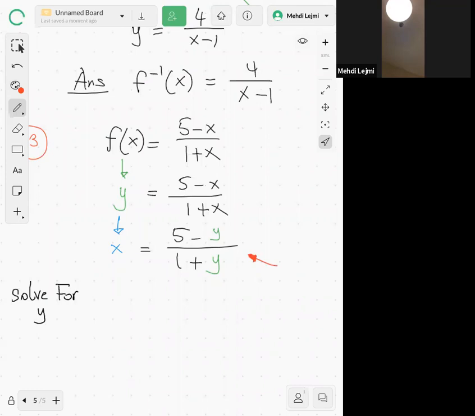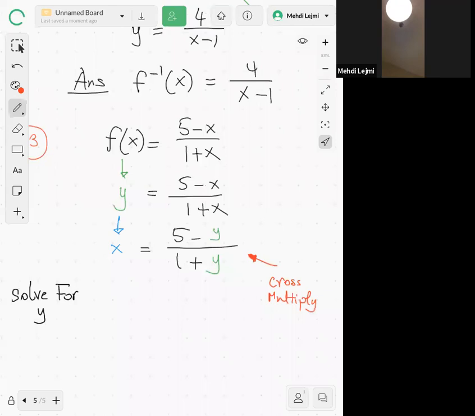So even if you take the reciprocal, you still have a y in the top and a y in the bottom. So it doesn't change anything if you take the reciprocal. So the idea here, guys, is to cross multiply and then solve for y.